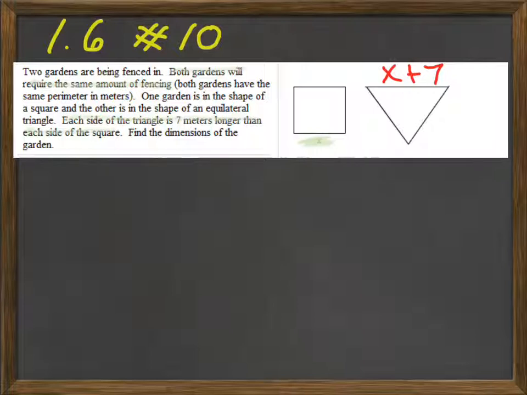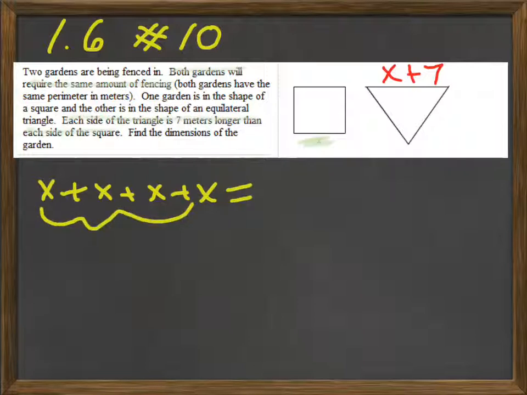And this is how we can use the perimeter. For the square, the perimeter is x plus x plus x plus x. In other words, add up the length of all four sides, and then you get the perimeter of the square.